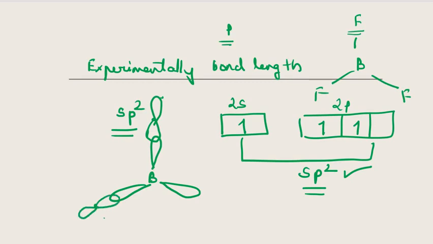This one is for the fluorine's p orbital. They overlap with each other, resulting in the formation of the BF3 molecule. And in VSEPR theory, we had studied that the shape should be such that there is minimum repulsion and maximum distance. So the overlap takes place, and how does this overlap take place? Because of the formation of hybrid orbitals.